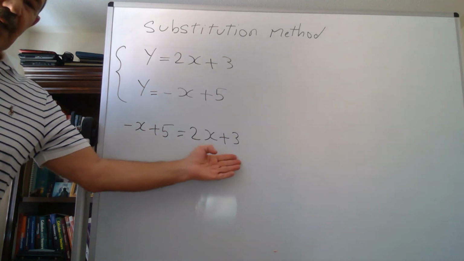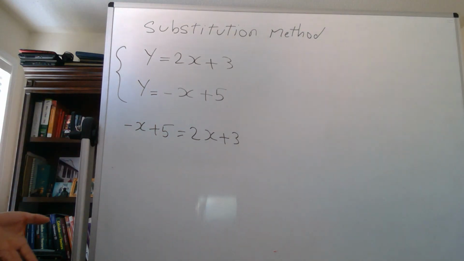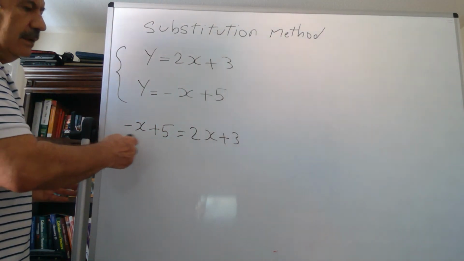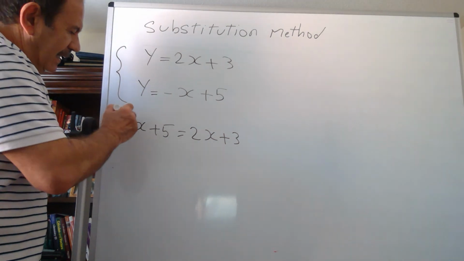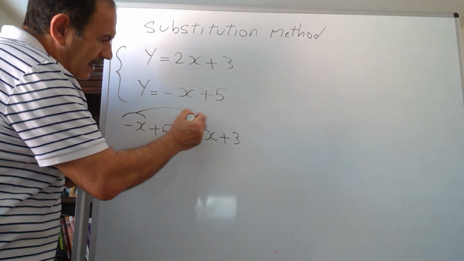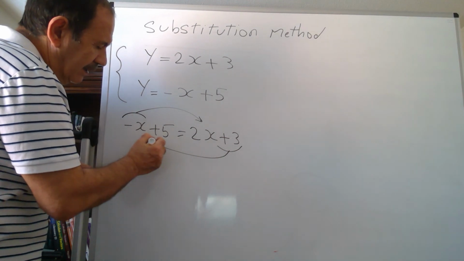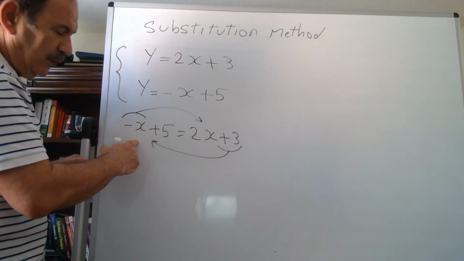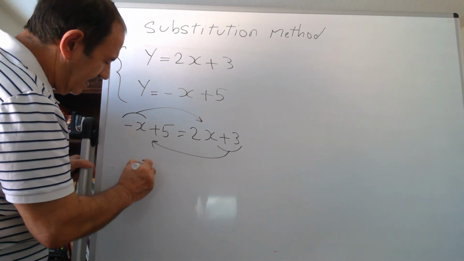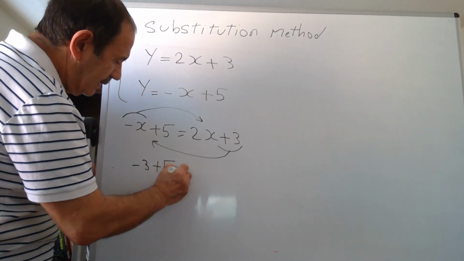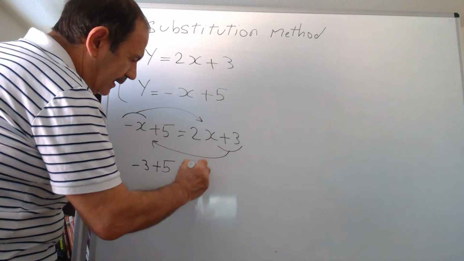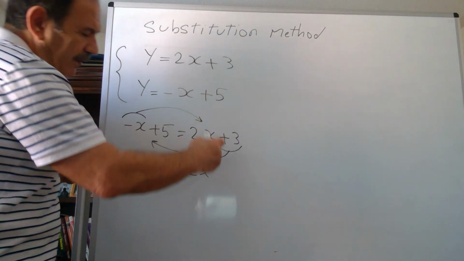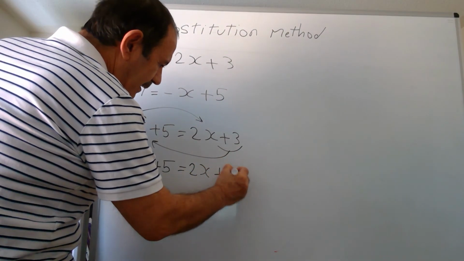Now we have only one simple linear equation in one variable. Just solve it. I move this negative x to the other side and this positive 3 to the left side. So this positive 3, if I move it to this side, is going to be negative 3 plus 5, equal to 2x, which is already here, then minus x; if I move it to the other side, it's going to be plus x.